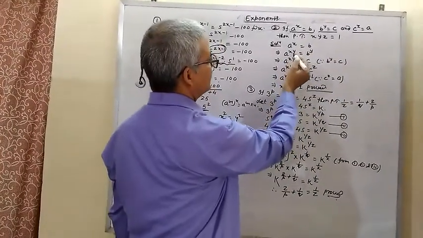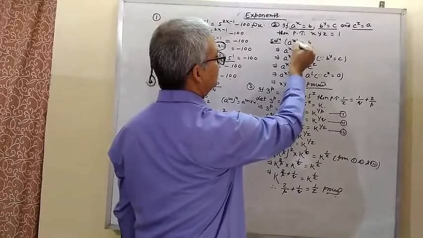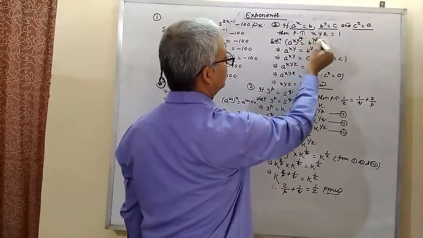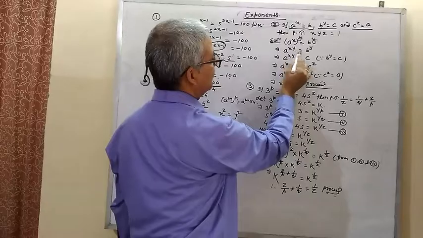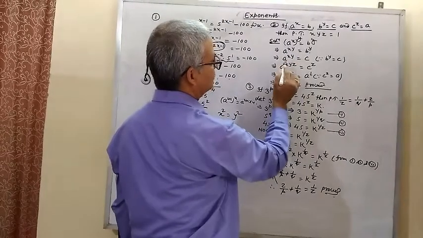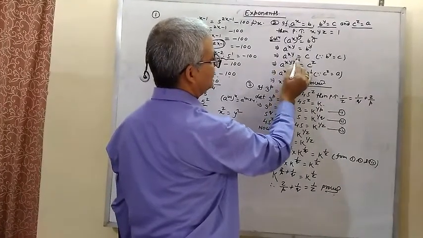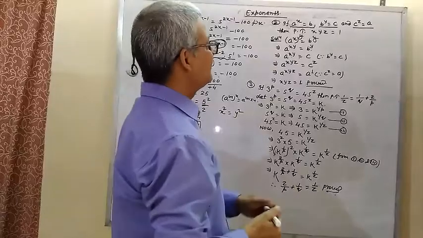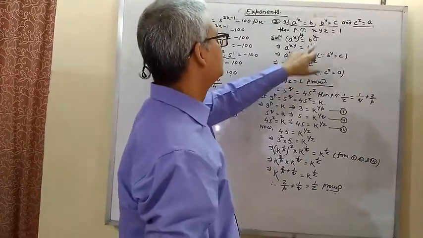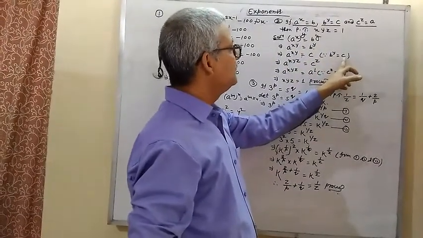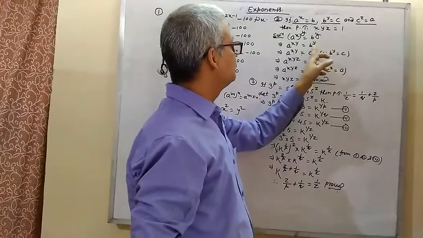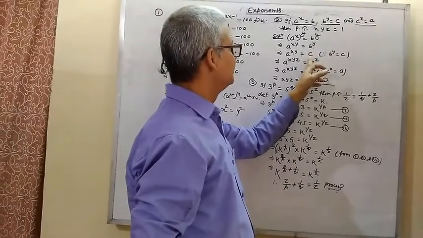So if we raise both sides to the power y, then it will be a to the power xy is equal to b to the power y. Now a to the power xy can be written as c, because b to the power y is equal to c, given. So in place of b to the power y we can put c.